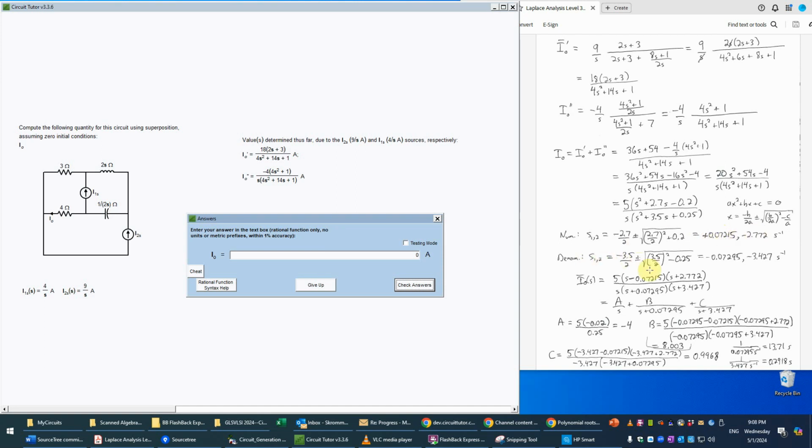All right, so in the denominator, we do a similar thing. We have the negative b over 2a is negative 3.5 over 2, plus minus that same thing squared, minus now the c over a. And because this one's positive, it's the usual minus 0.25. And once again, we just do the math there. And that's minus 0.07295, and then minus 3.427, again, inverse seconds.